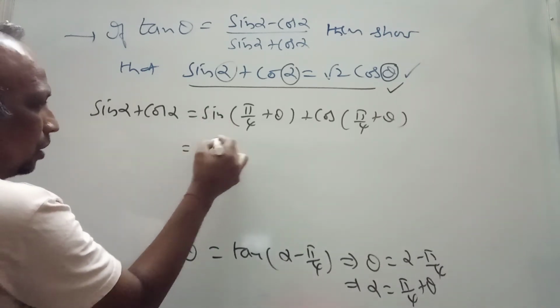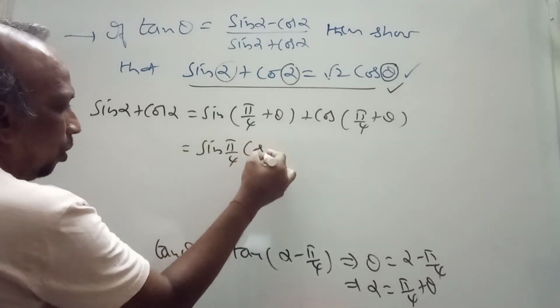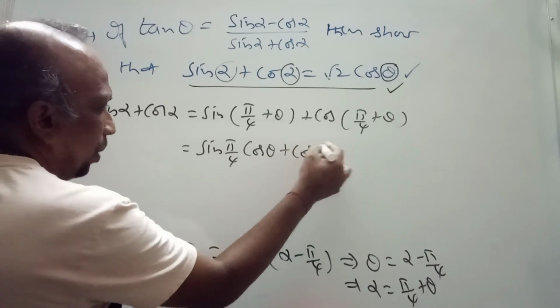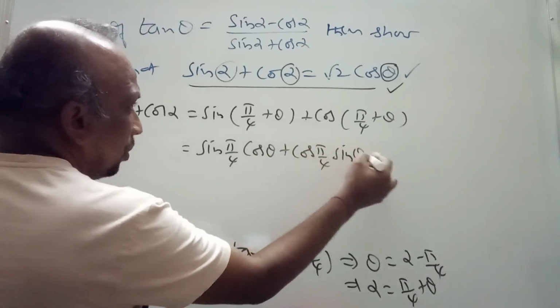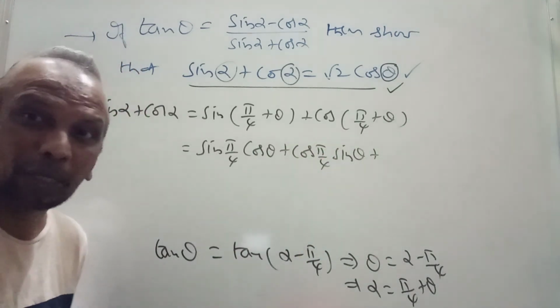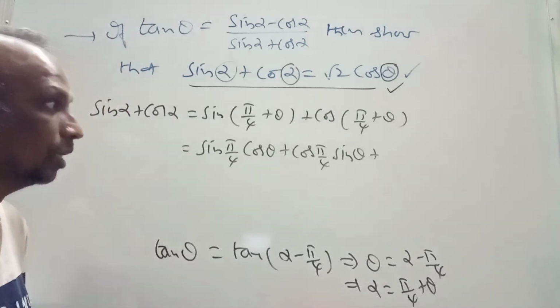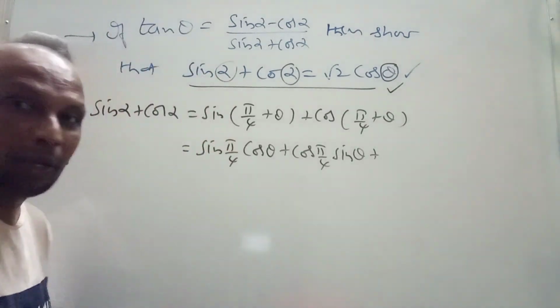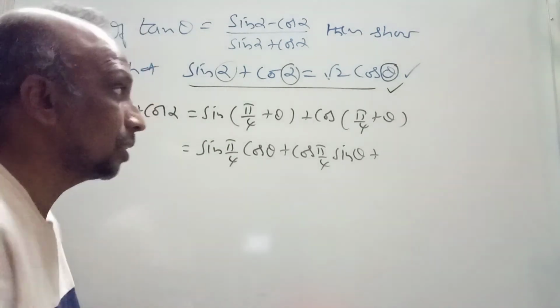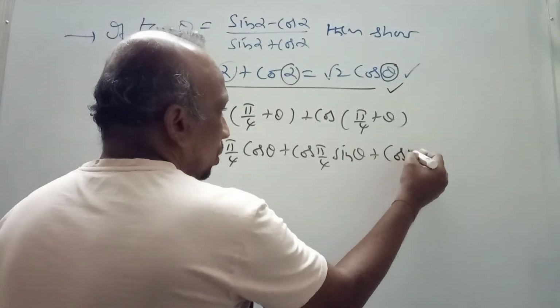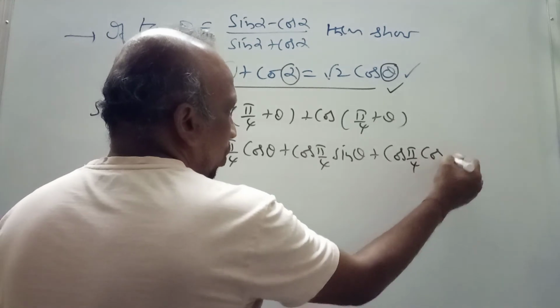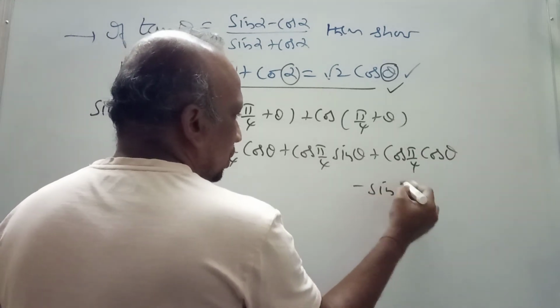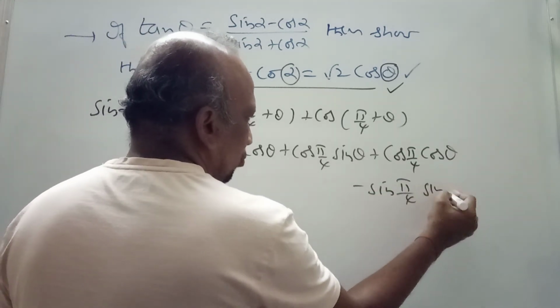This will be sin pi by 4 cos theta plus cos pi by 4 sin theta. So sin of a plus b is sin a cos b plus cos a sin b. Then you can write cos of a plus b. You know cos of a plus b is cos a cos b minus sin a sin b, so cos pi by 4 cos theta minus sin pi by 4 sin theta.